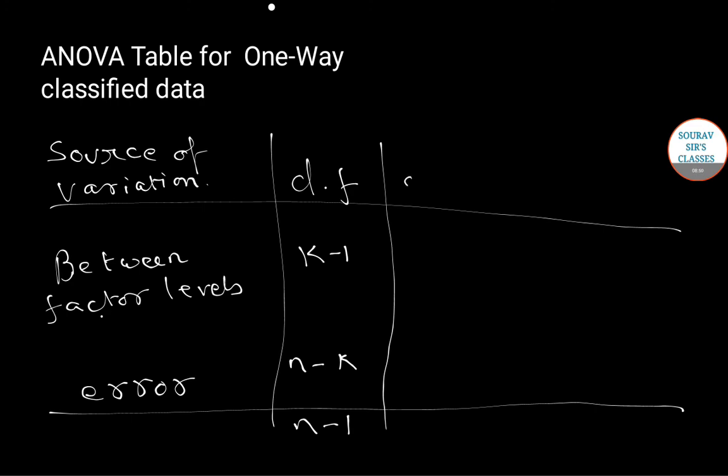Then sum of squares, which would be SSB, SSE and TSS.